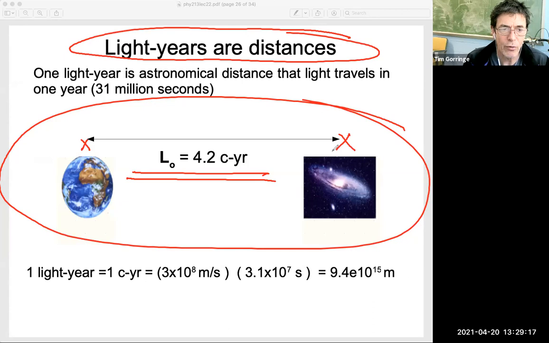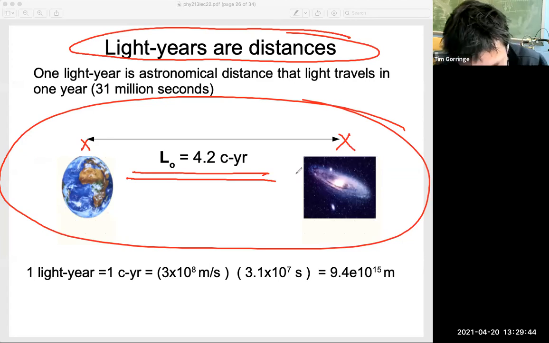So, you know, Earth is out there floating in space. Alpha Centauri is floating in space. And this is the proper distance between them. They're just sitting there. And we're being told it's measured from the perspective of an observer on Earth, measured from the perspective of an observer in Alpha Centauri. This is how far apart these two locations are. So this is actually a proper distance.